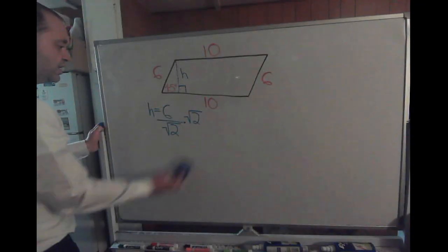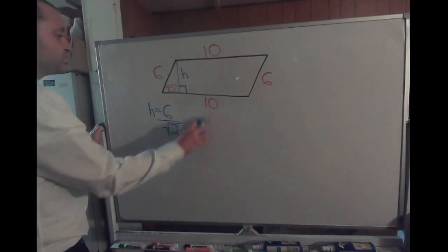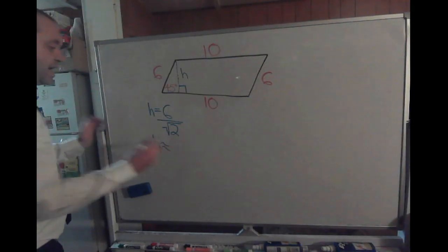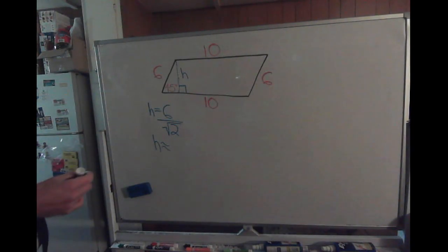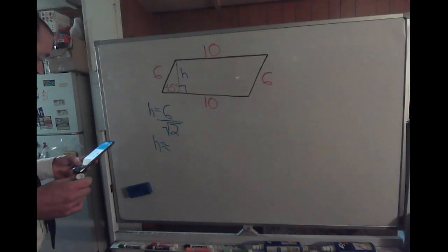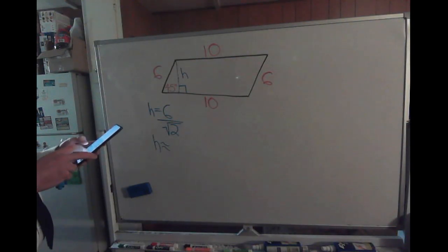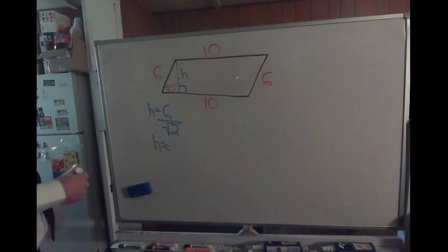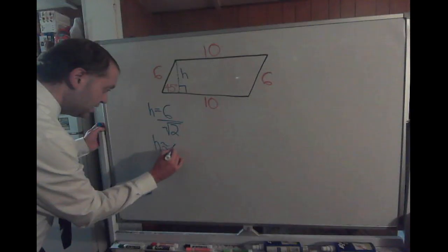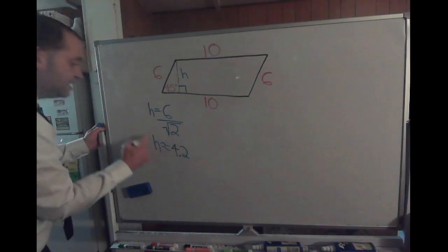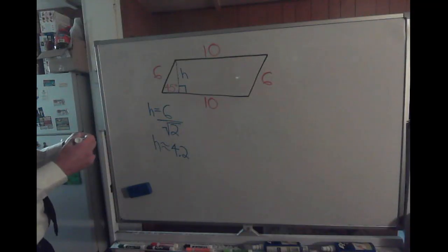Well, no, you don't really need to, because we're just going to do a decimal approximation. If you were asked to write it exactly, you would rationalize it, but I don't think that's necessary in this case. We're going to just do a decimal approximation to the nearest tenth, which would give you about 4.2. So the height is equal to 4.2 for your parallelogram.